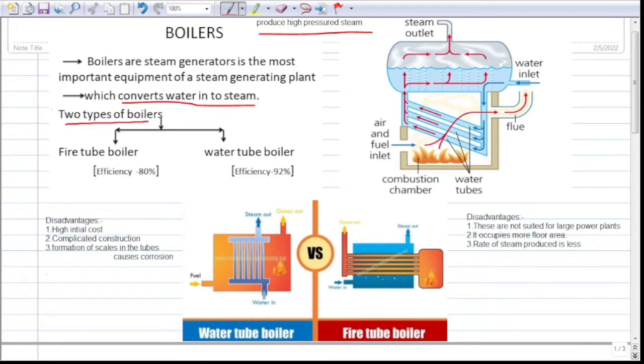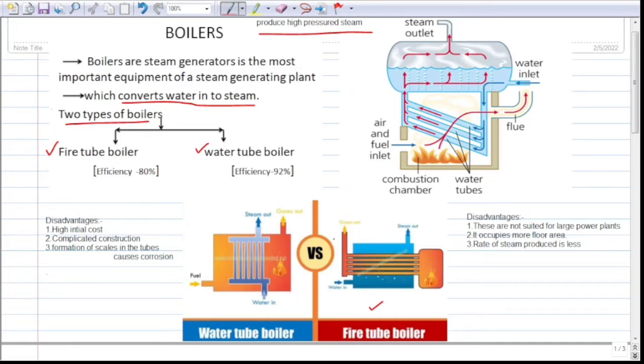We have two types of boilers. One is the fire tube boiler and the second one is the water tube boiler. Regarding fire tube boilers, the hot combustion gases pass through tubes and these tubes are surrounded by water.